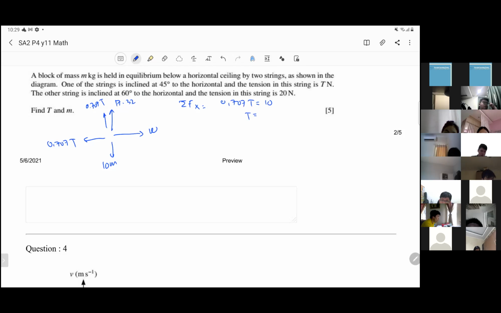So what is T? Christopher? 14.1. Now, sum of forces on the y-axis is going to be 0.707 T, but we know T now, plus 17.32 equals 10M.